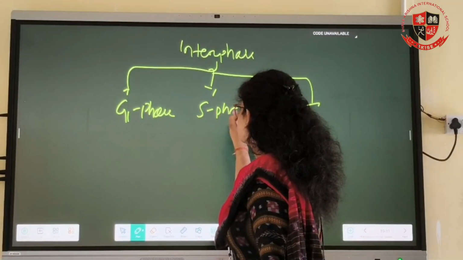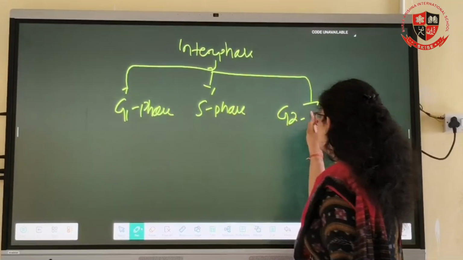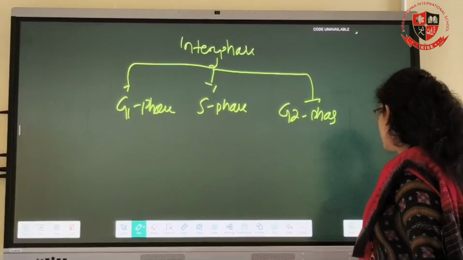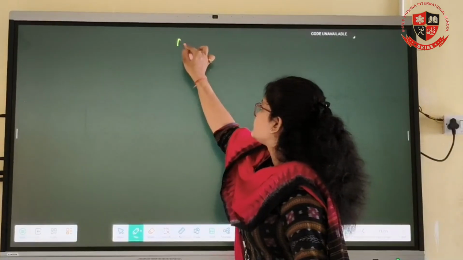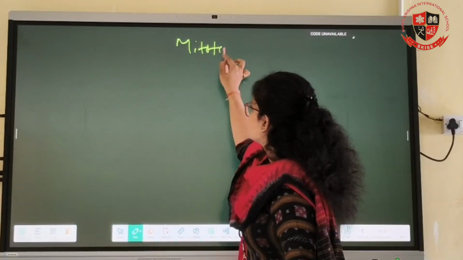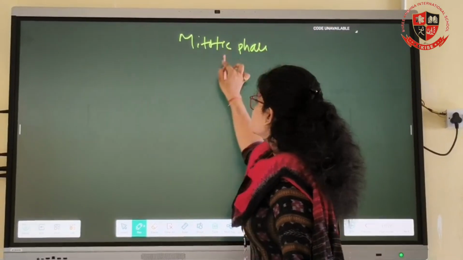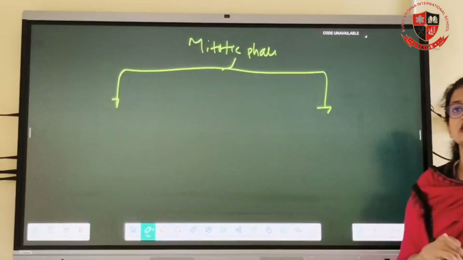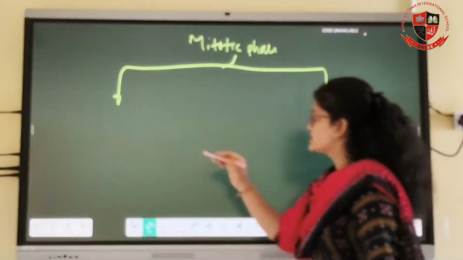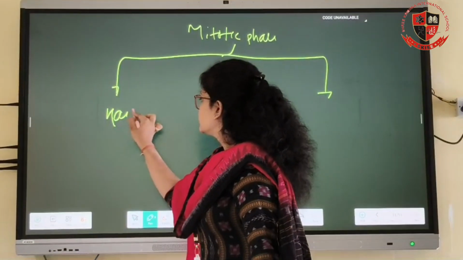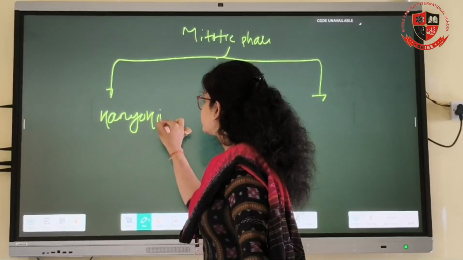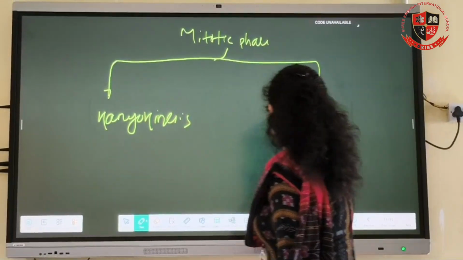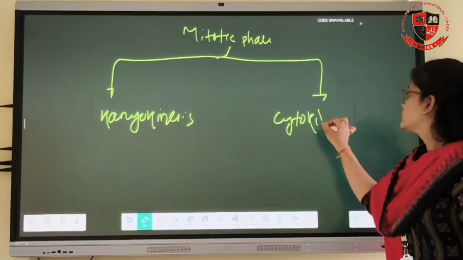Mitotic phase is divided into two types. One is karyokinesis, another is cytokinesis.